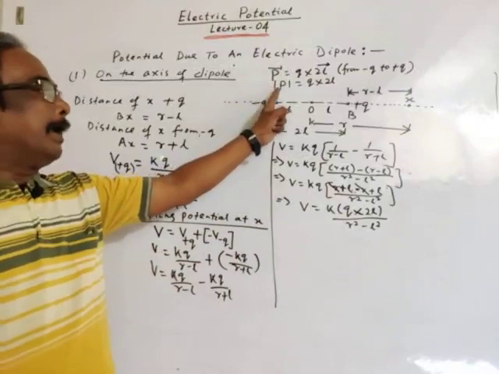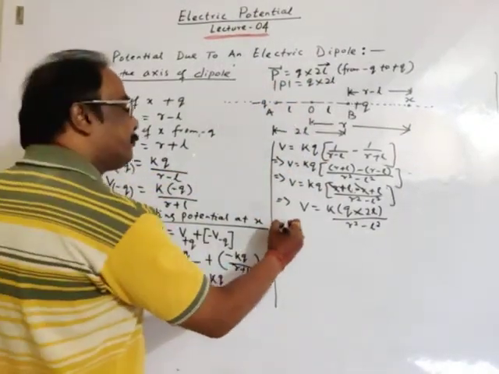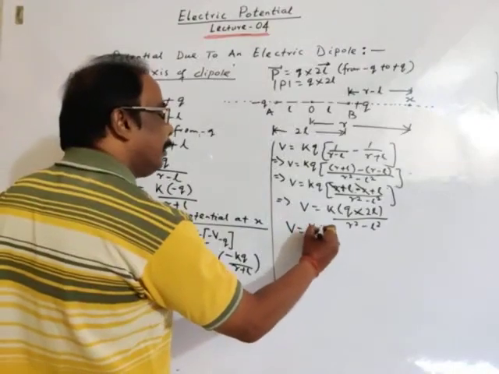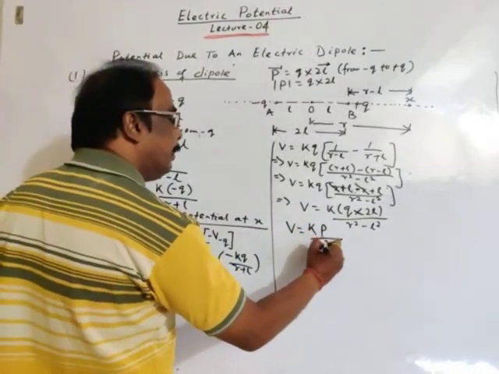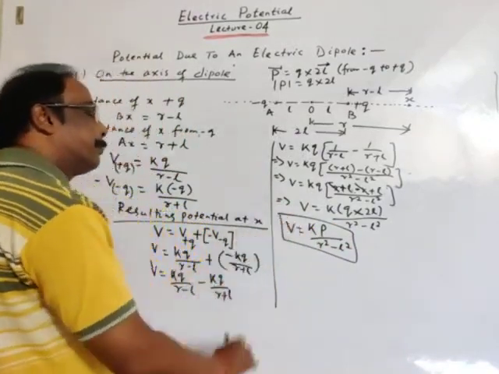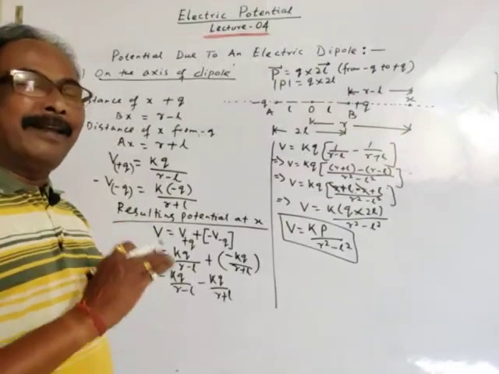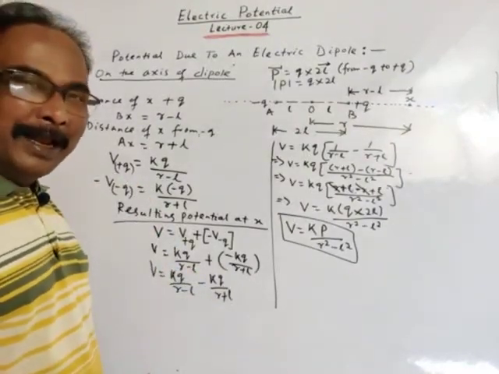See, the magnitude of dipole moment is q into 2l, so we may write potential is k, dipole moment p, divided by r square minus l square. This is the expression for electric potential at any point on the axis of the dipole.